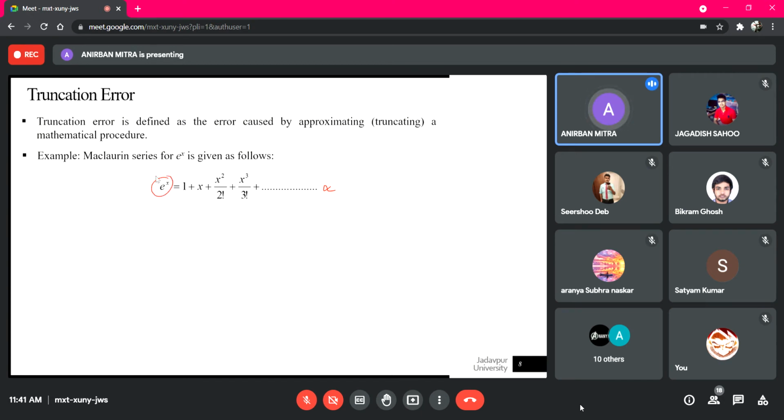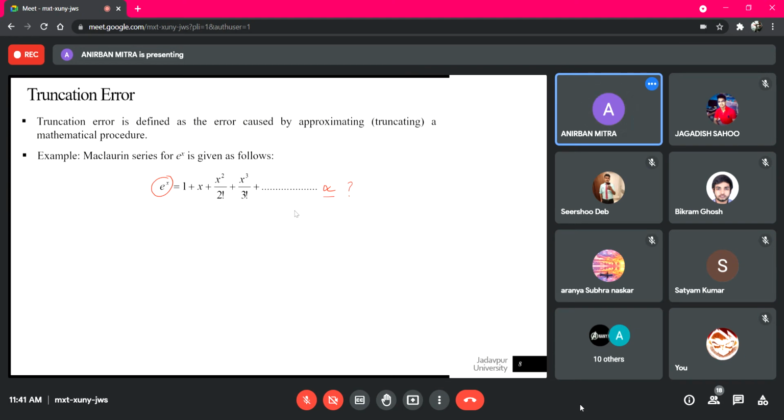Now, if you want to evaluate e to the power x through some numerical technique, then is it possible to go up to infinity? Any numerical technique needs to be ended after a finite number of steps. You cannot go up to infinity.